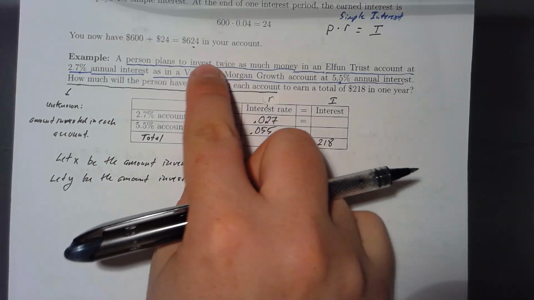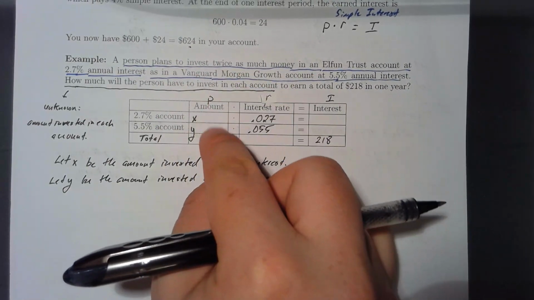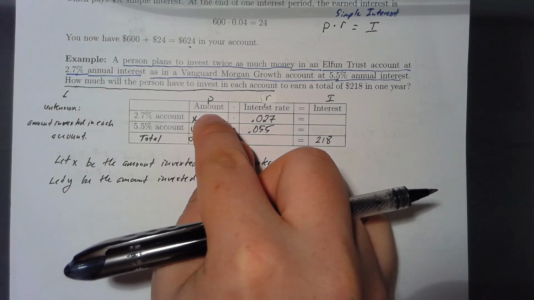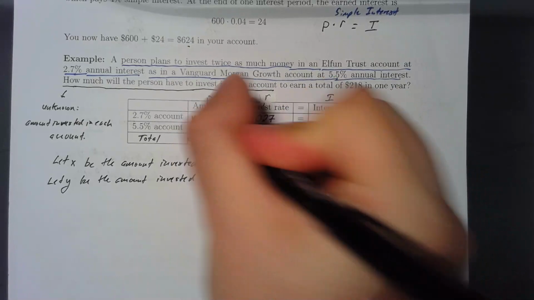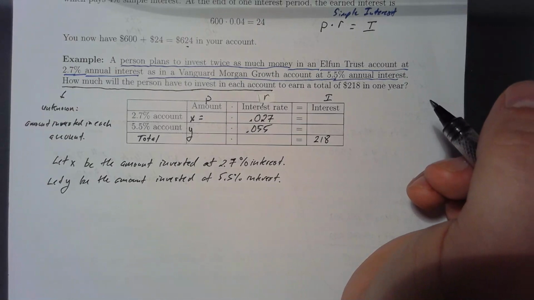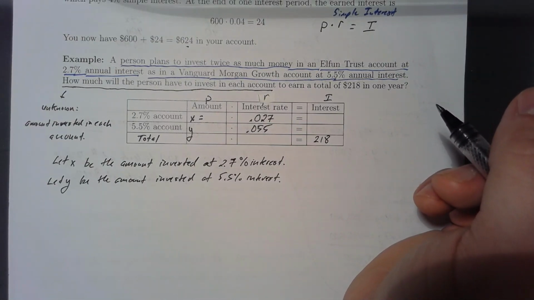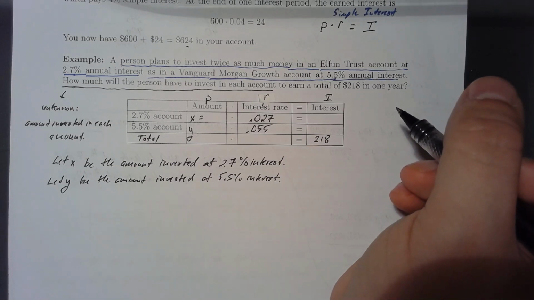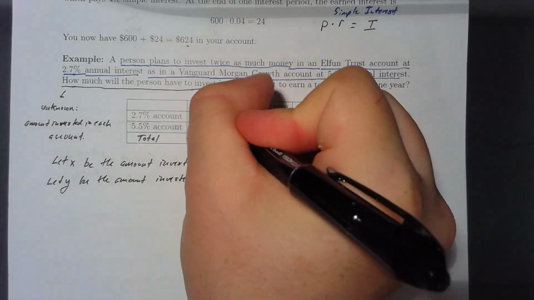If I read this problem carefully, they want to invest twice as much money here as they do here. So that's going to be 2 times what?